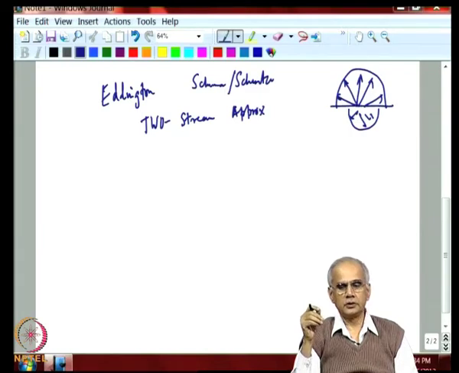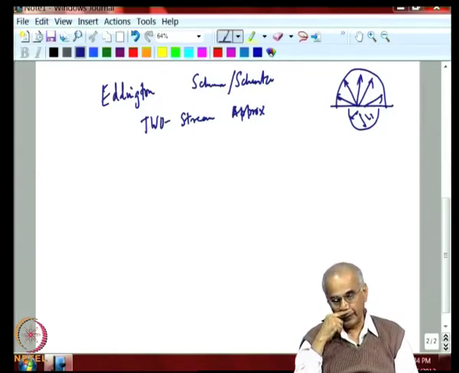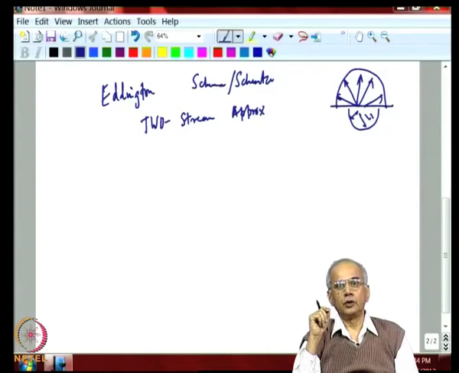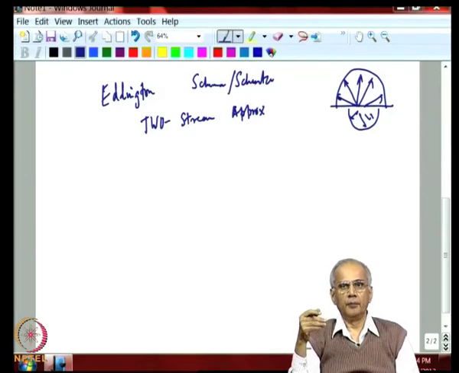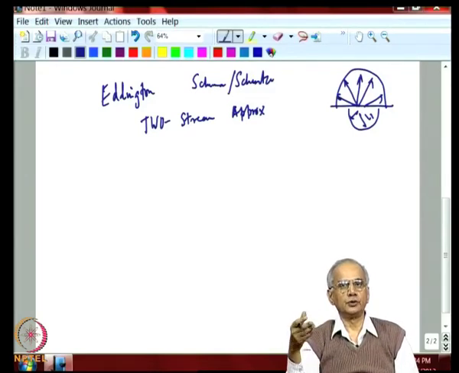So, this is dividing the radiation problem, which has multiple streams, multiple directions, into two directions, up and down. Okay. Now, this is a very useful place to begin, because once you have understood the basic way of doing a 2-stream approximation, you can also then do 4-stream, 6-stream, 8-stream, 16-stream, 32-stream. You can go on extending the problem to more and more streams, but the basic principle is the same as the 2-stream model.